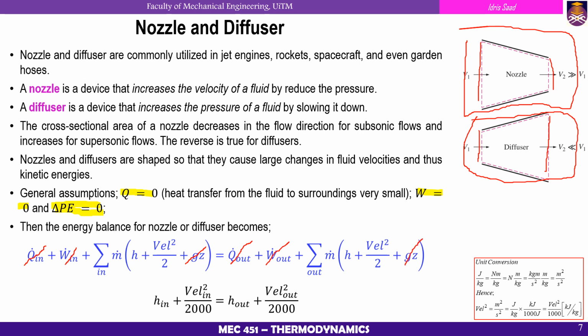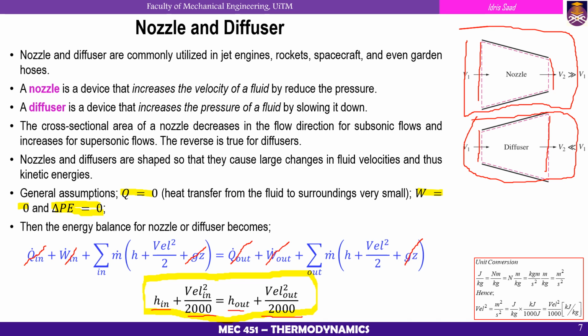So what is left, the general energy balance equation for both diffuser and nozzle, is h in plus velocity in power of 2 divided by 2000 is equal to h out plus velocity at the outlet power of 2 divided by 2000.